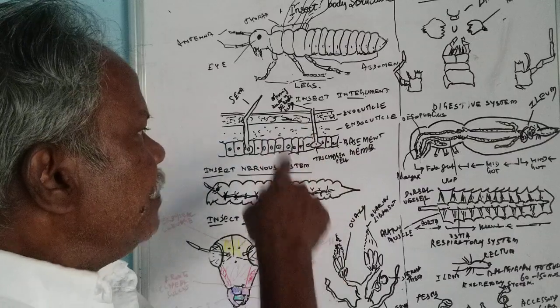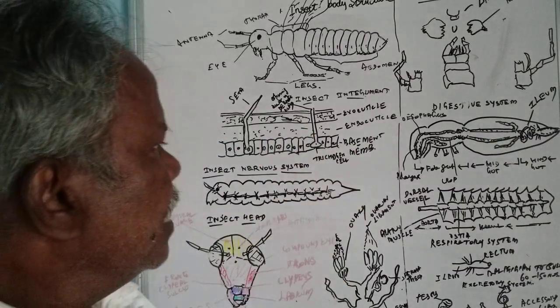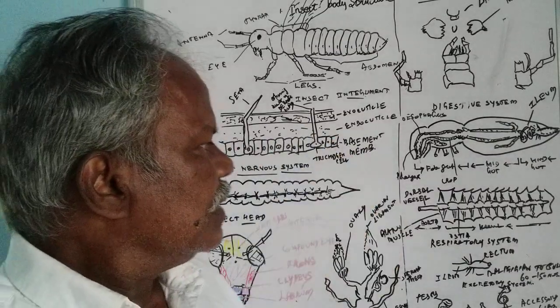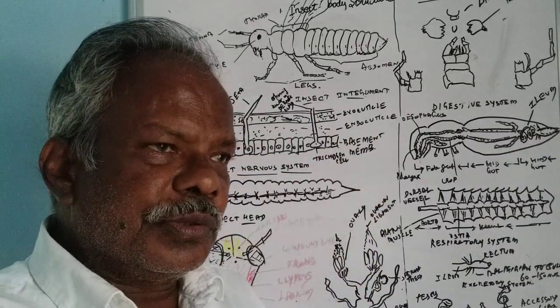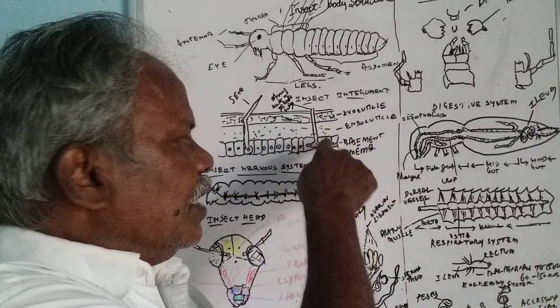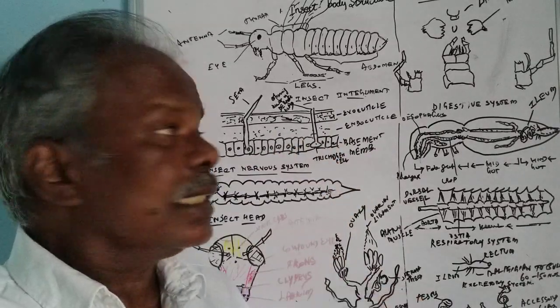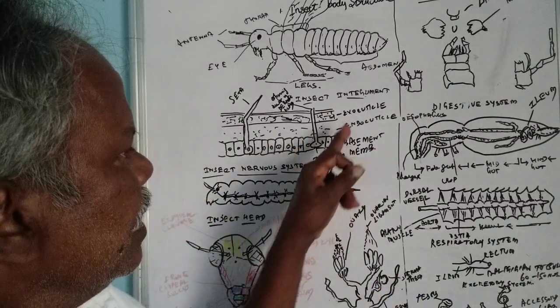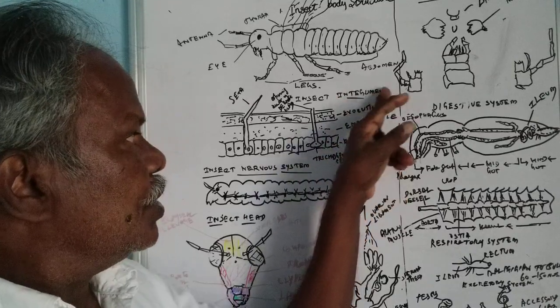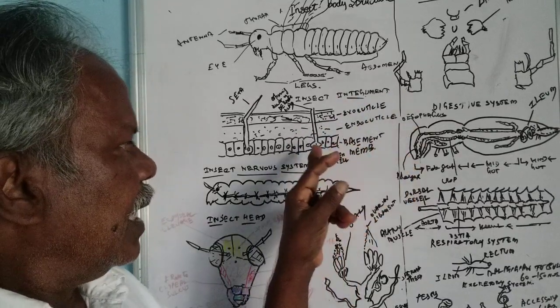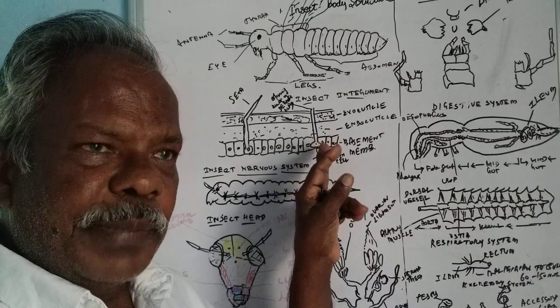Next we are coming to the integument. The integument structure is divided into 3 divisions. One is called the exocuticle and another is called the endocuticle. These 2 are called the cuticle, and below that the basement membrane is there.